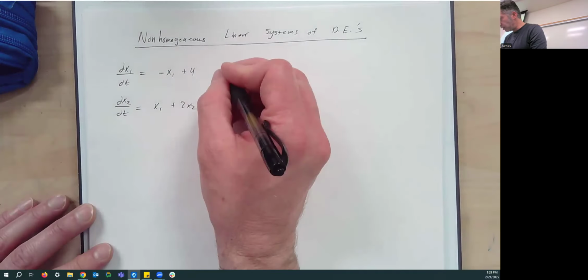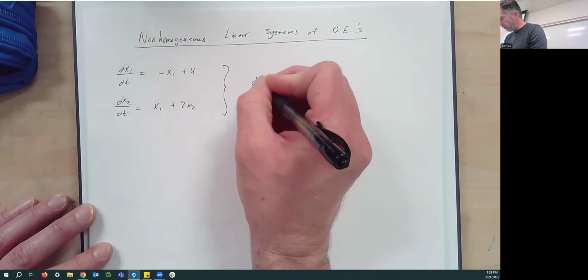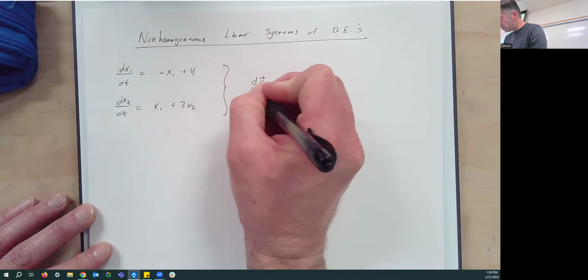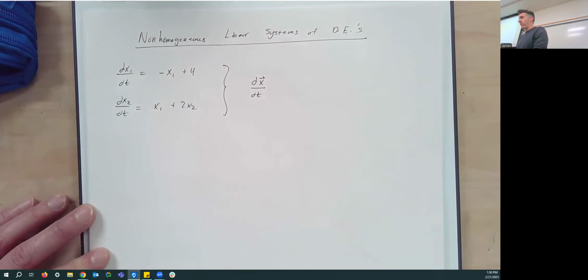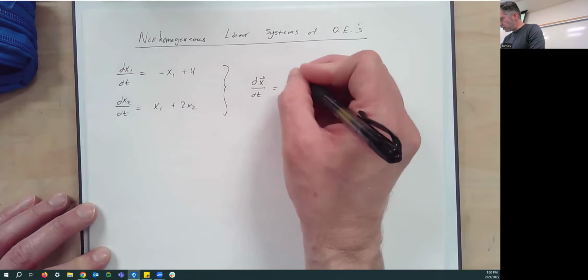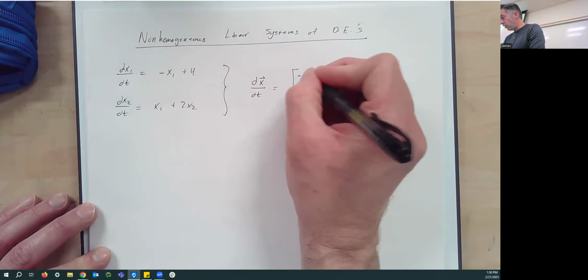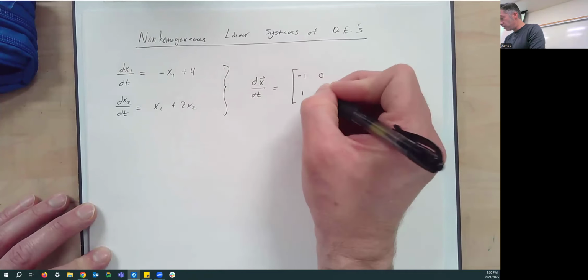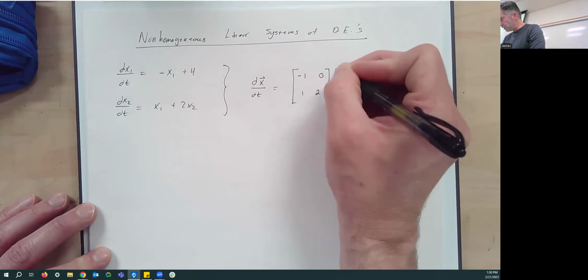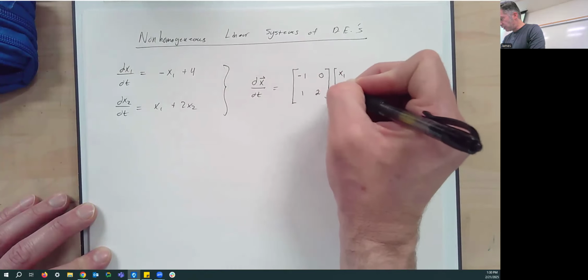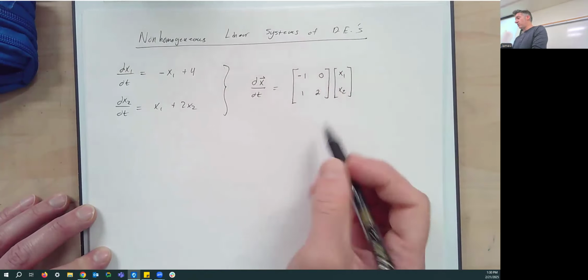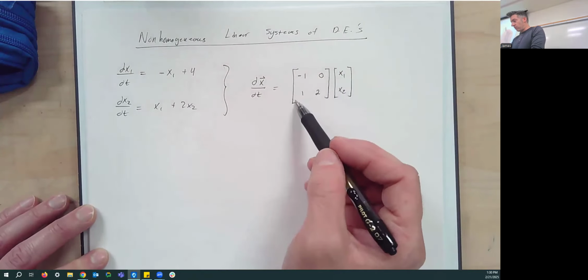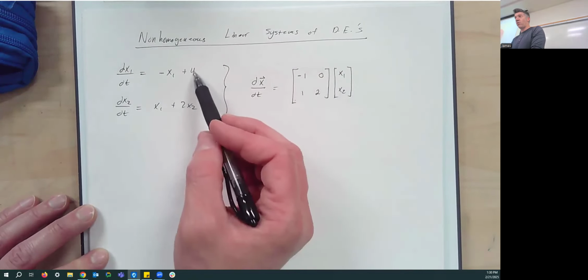As a matrix equation, we have that the derivative of the vector x, which is just both derivatives in one vector, is equal to the matrix [-1, 0; 1, 2] times the vector (x1, x2). That gives us our -x1 and our x1 plus 2x2, but then we still have to add on a 4 in that first component.